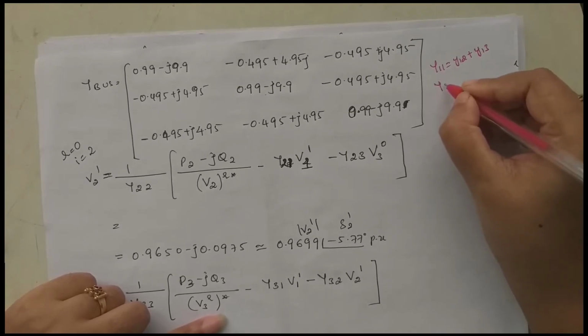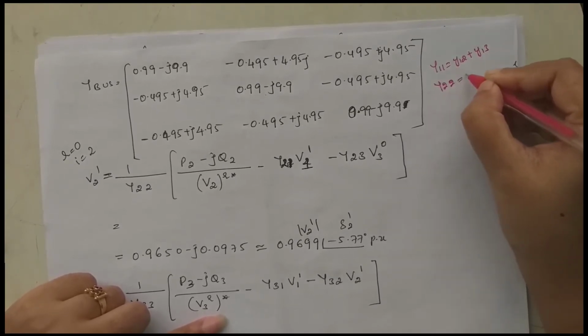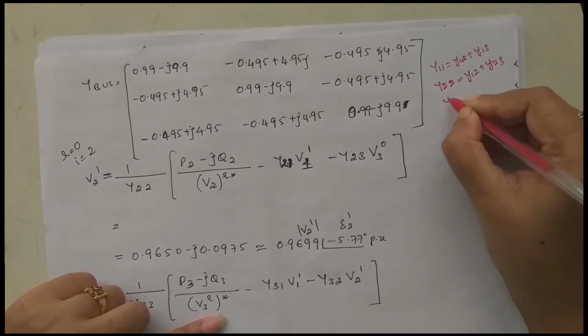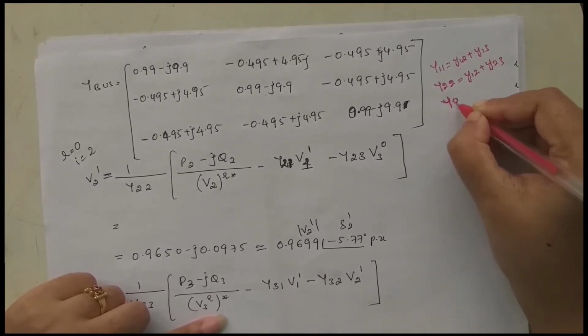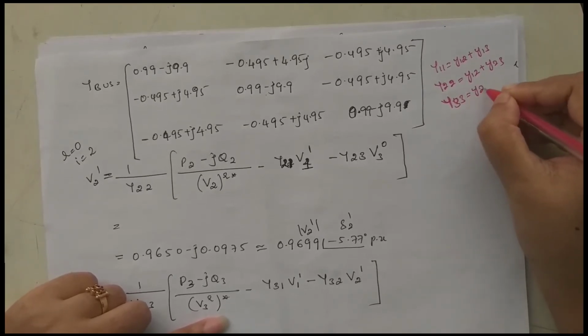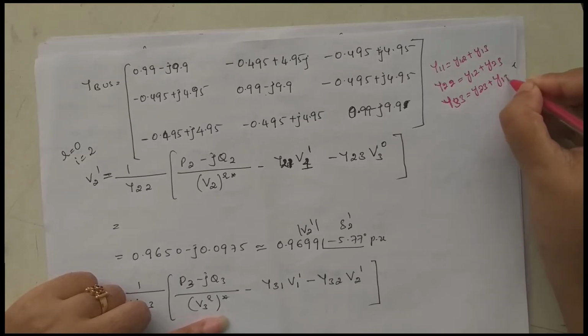Similarly, Y22 is equal to Y12 plus Y23. Y33 is equal to, only 3 buses are there, Y33 is equal to Y23 plus Y13.